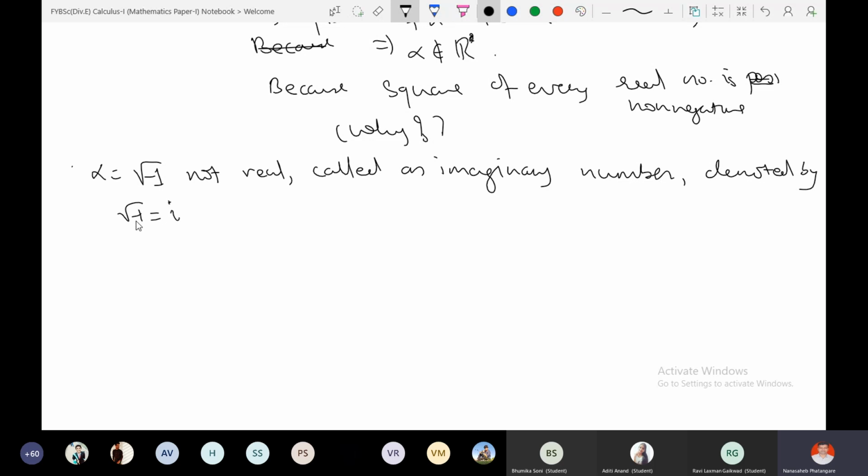I stands for imaginary. Then the set of x plus iy, where x and y are real numbers, is called the set of complex numbers.